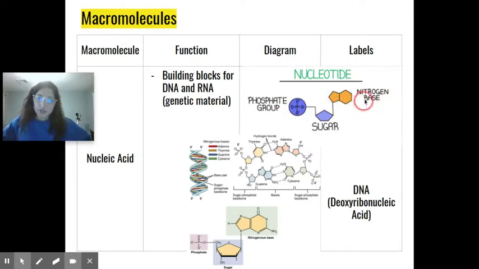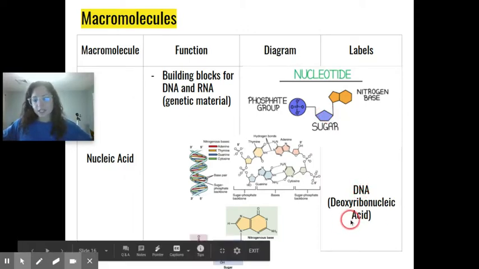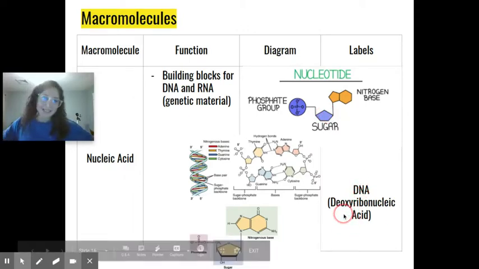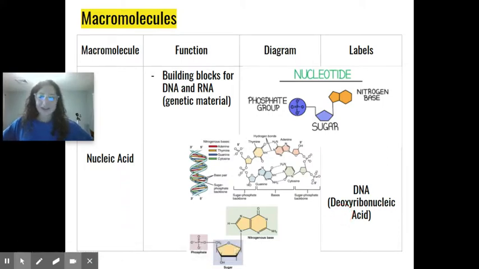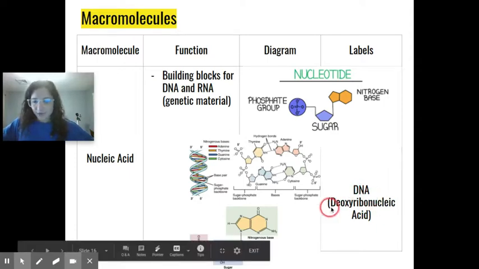But what you can do is take this nucleotide, this basic structure for nucleic acids, and we put them together to make things like DNA. So DNA stands for deoxyribonucleic acid. Let me say that again one time slower. Deoxyribonucleic acid. That's what DNA stands for. So the D is for deoxyribo, the N is for nucleic, and A for acid.